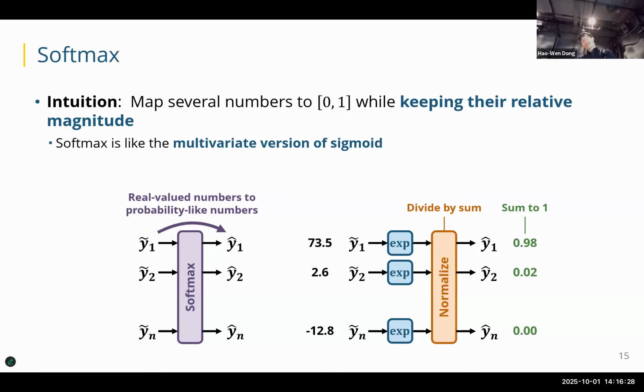But for most cases, when you are using it rather than trying to understand the math, the intuition is to turn a bunch of real numbers into something that sums to one while keeping their relative magnitude. Cool. And technically, softmax is the multivariate version of sigmoid.